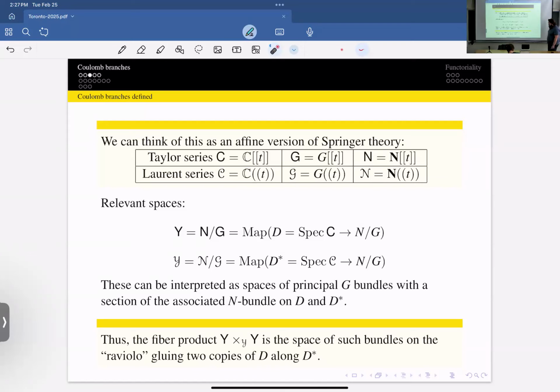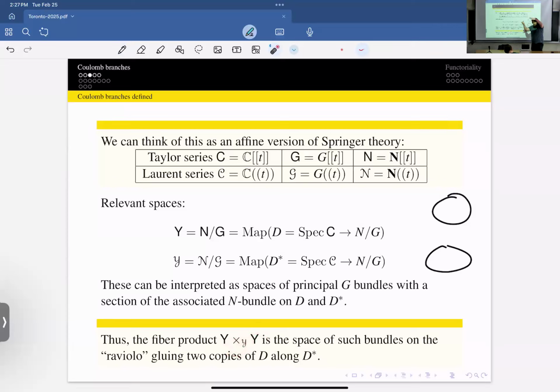And I can take a fiber product of these guys. And what does that mean? That means I have one copy of the disk, I have another copy of the disk, and the map from this guy, which is principal bundles on the disk, to this guy, which is principal bundles on the punctured disk. That's what this bottom guy is, punctured disk. This is the unpunctured disk.